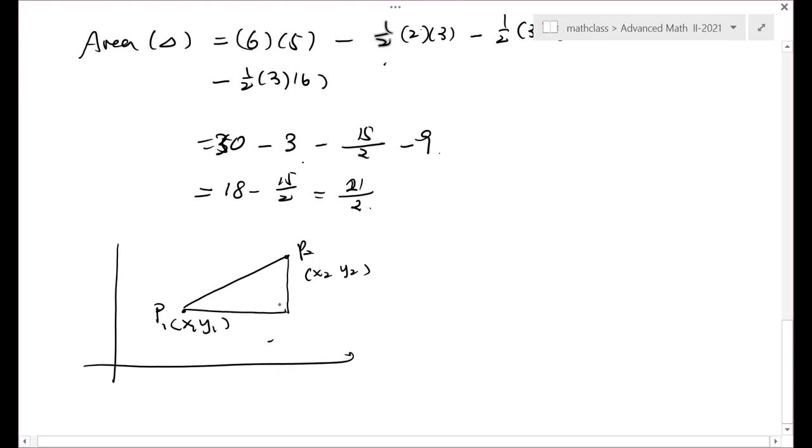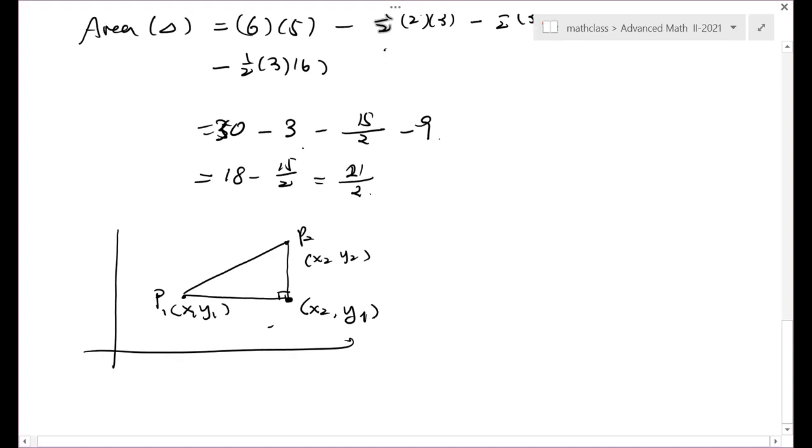Now, suppose it's in this position. Let's find the coordinates of this point. The coordinates of this point will be x2 and y1. The y coordinate will be changed, but the x coordinate will be the same as point P2.